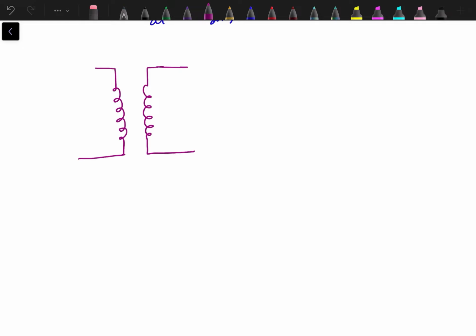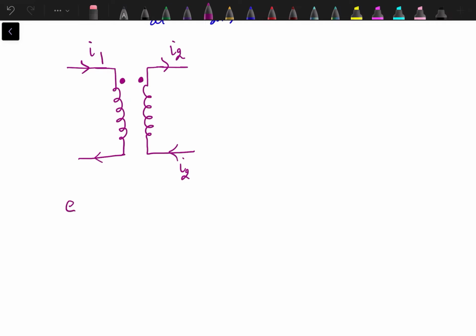We might have the case that one of the currents is entering the dotted node and the second one is leaving the dotted node. So I1 is entering and I2 is leaving the dotted node.